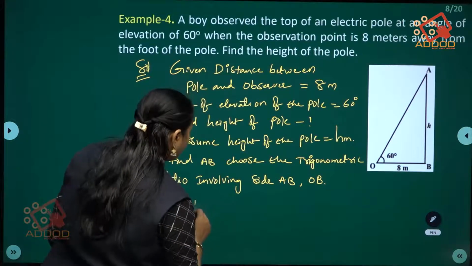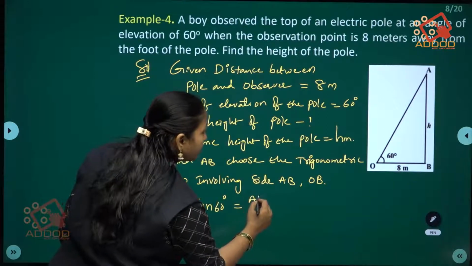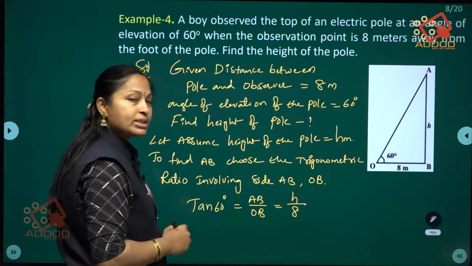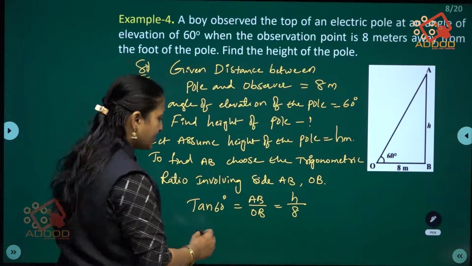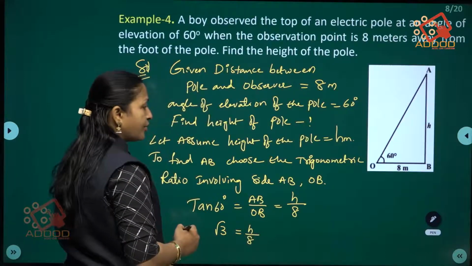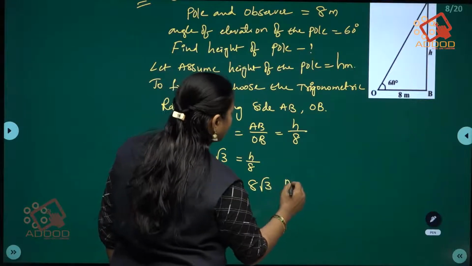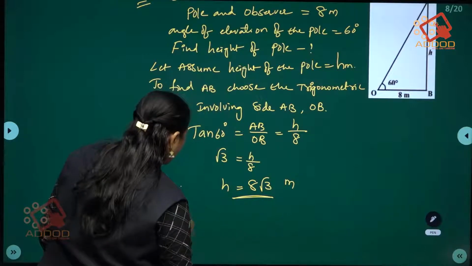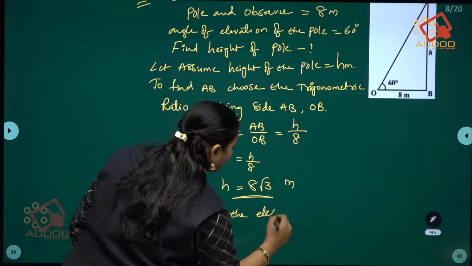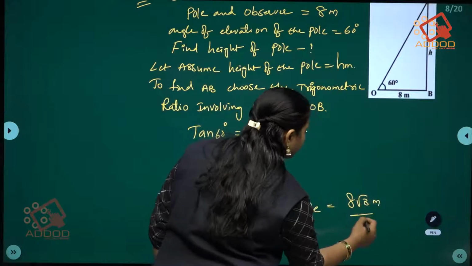So tan 60 is equal to opposite side by adjacent side. So h by 8 meters. Now what is the value of tan 60? Tan 60 is root 3, equal to h by 8. Now h value, height of the pole, is 8 root 3 meters. Therefore height of the electric pole is 8 root 3 meters.